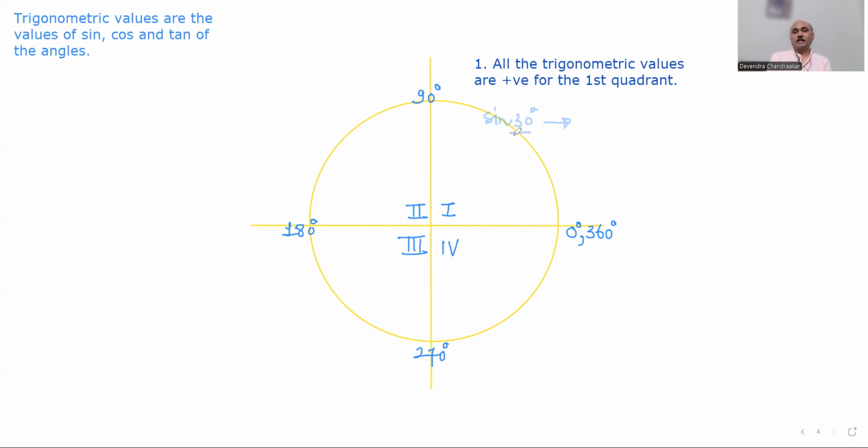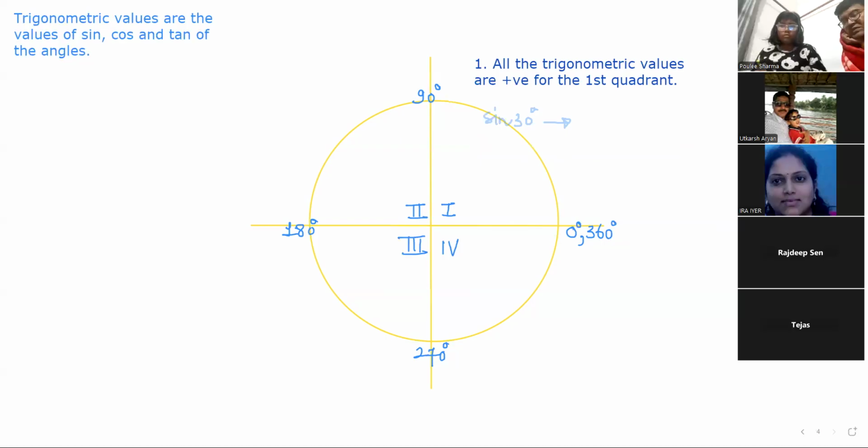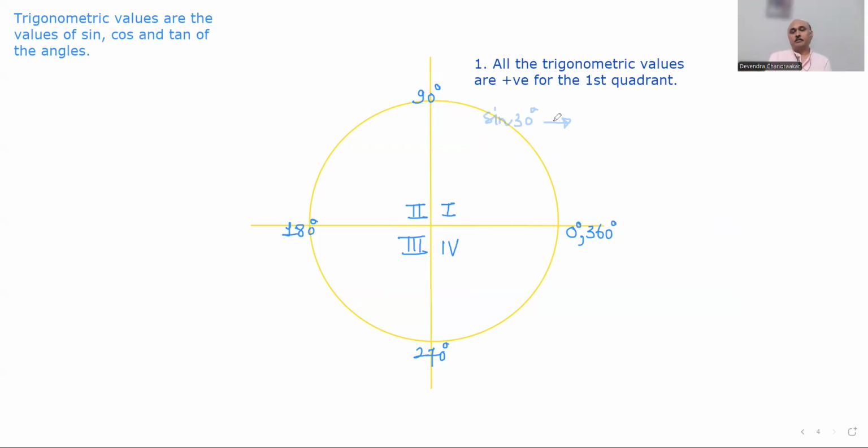This angle lies in the first quadrant. Yes or no? Yes, sir. So sine of this angle will always be positive. Similarly, cos of 60 degrees. Again, 60 degrees lies in the first quadrant, so it is positive. Right? What about tan of 38 degrees? 38 degrees lies in between 0 and 90, that is first quadrant, so it will be positive.